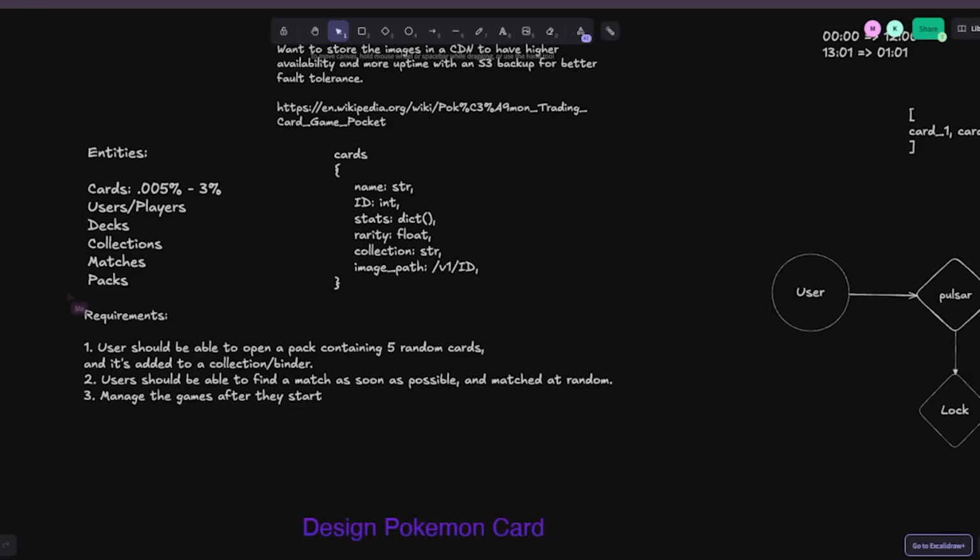But one really cool thing about Pulsar is it has Lambda functions baked into it. For instance, because we have a large number of users in a pack service that's generating some randomness, I imagine that's going to take a decent amount of compute to assemble those packs. And we're going to have huge spikes. When a new pack drops, we're probably going to have 1 million people all requesting a pack at the exact same time.